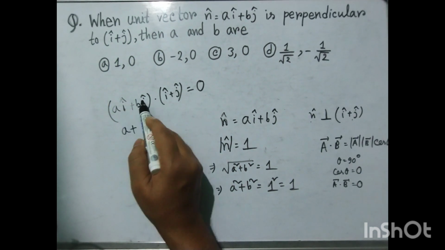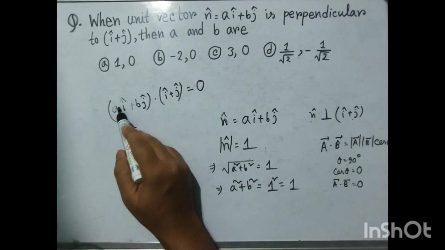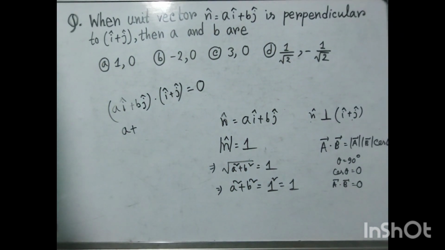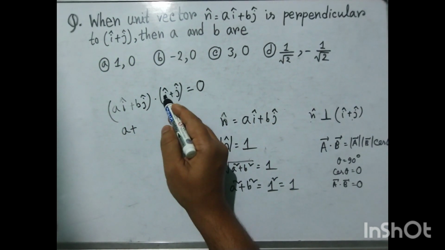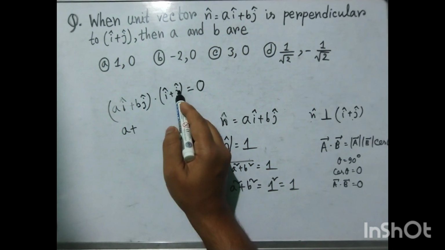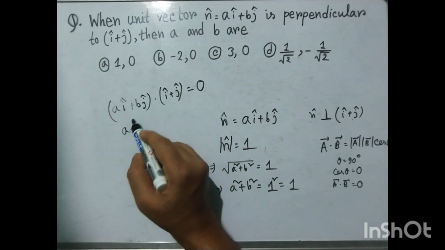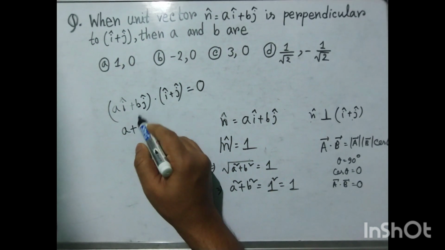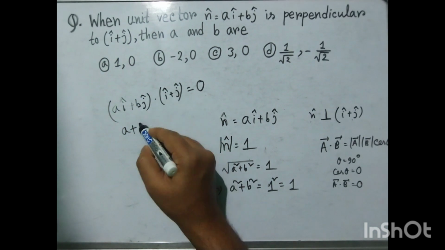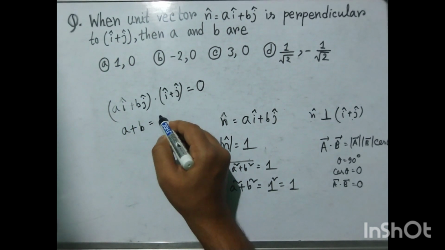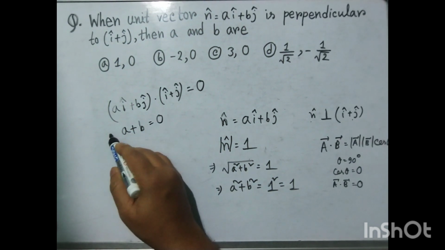I cap is along x axis, j cap is along y axis. These are perpendicular to each other. So i cap dot j cap will be 0, or j cap dot i cap will be 0, and j cap dot j cap will be 1, i cap dot i cap will be 1. So this will be a plus b into 1, b. A plus b is equal to 0.